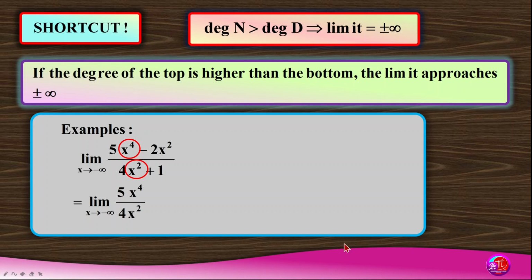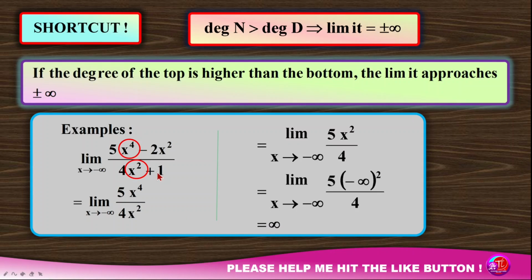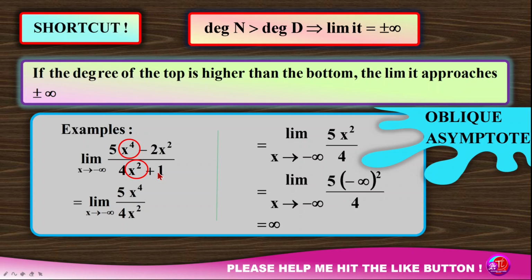For this case, we will notice that when we deal with this question, you will get an answer like positive infinity or negative infinity. You cannot get a number or a zero. So for cases like this, we call it the oblique asymptote case, where we will get our answer as some equation.